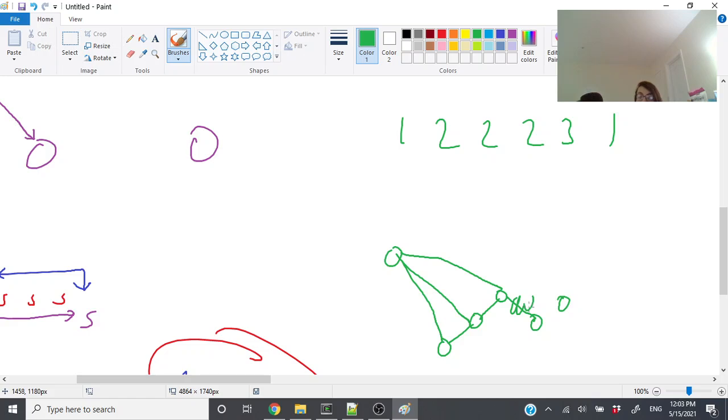Yeah, we remove that edge. So that's sort of how that works.